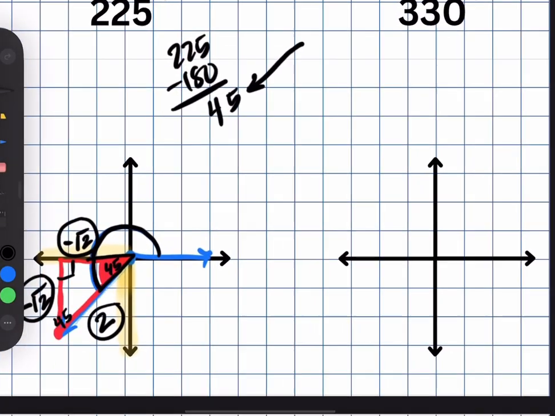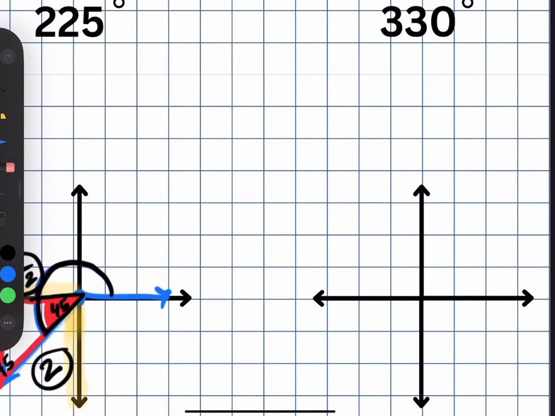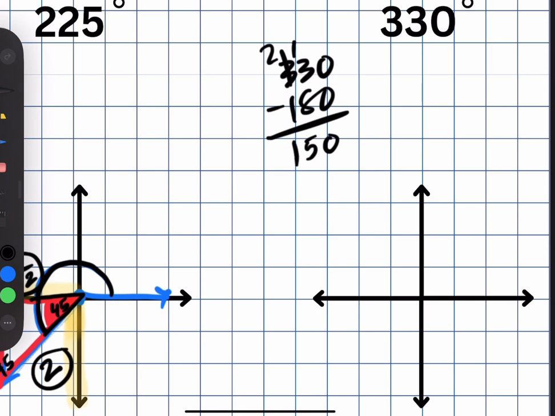Moving on to 330. 330, I would graph this. For sure, I could do 180 here, meaning I'm left with 150. So let me first graph 180 in the positive direction.